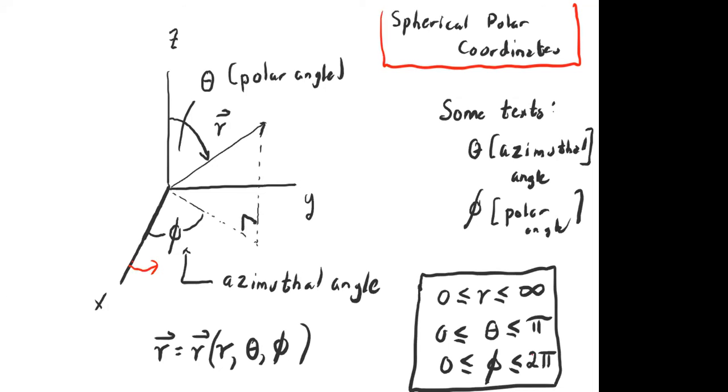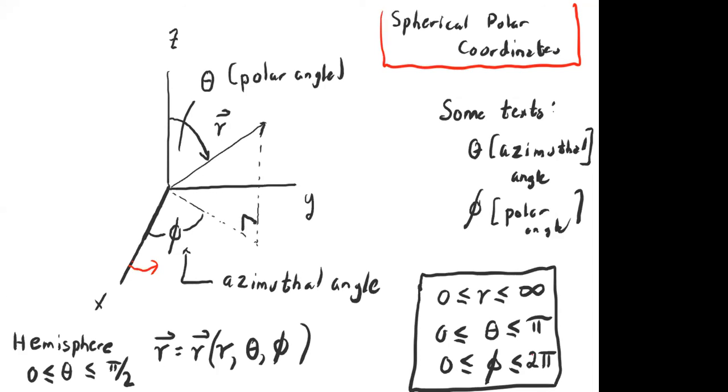And so this is true for a sphere, hence it's called spherical polar coordinates. If you wanted a hemisphere, half a sphere, the way to get that is to make the polar angle only go to pi over 2. Does that address the question?